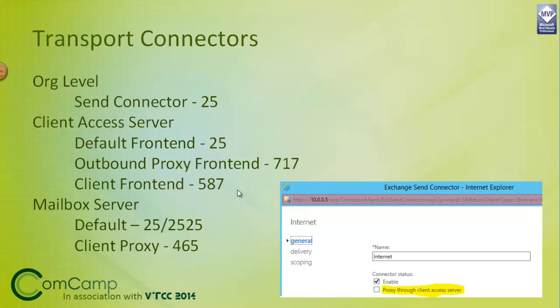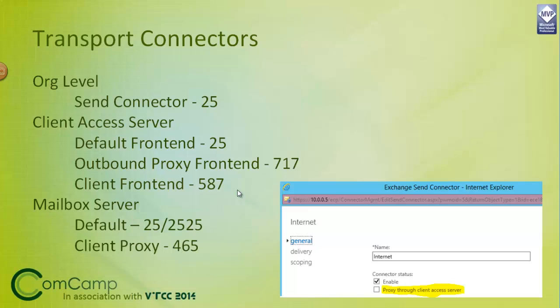The 3 client access server connectors are: the default front-end connector, a receive connector which listens on port 25 and receives email from the internet or external SMTP servers.